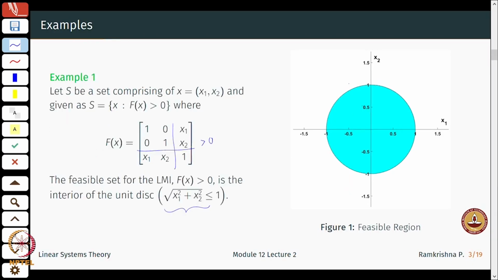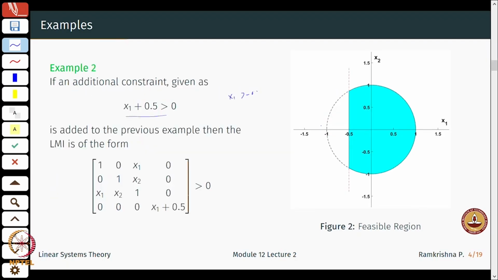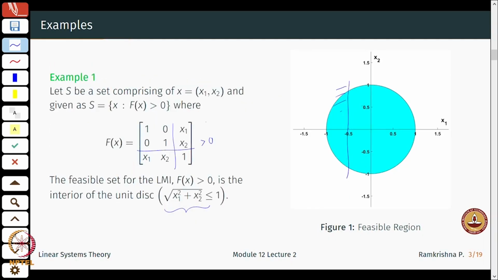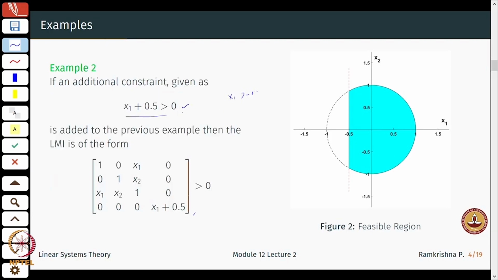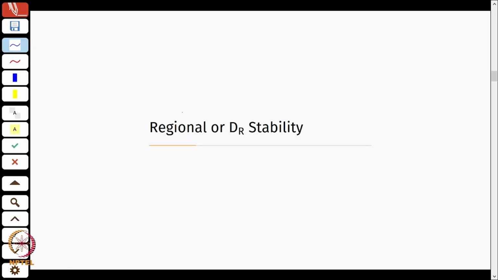So the region to the left of this will no longer be the feasible region, and solving this LMI now would give me an appropriate feasible region, which in addition also takes care of this particular constraint, that x1 plus 0.5 should be greater than 0.